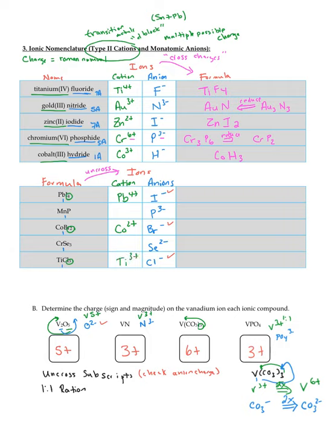Now, the other 2 scenarios I got to take a look at, right? Here, in MnP, I notice that I got a 1-to-1 ratio. I know phosphorus is 3 minus, so my manganese here has to be 3 plus. Now, if we deal with CrSe3, the fact that I know selenium is 2 minus, along with the formula, lets me think about it in a different way.